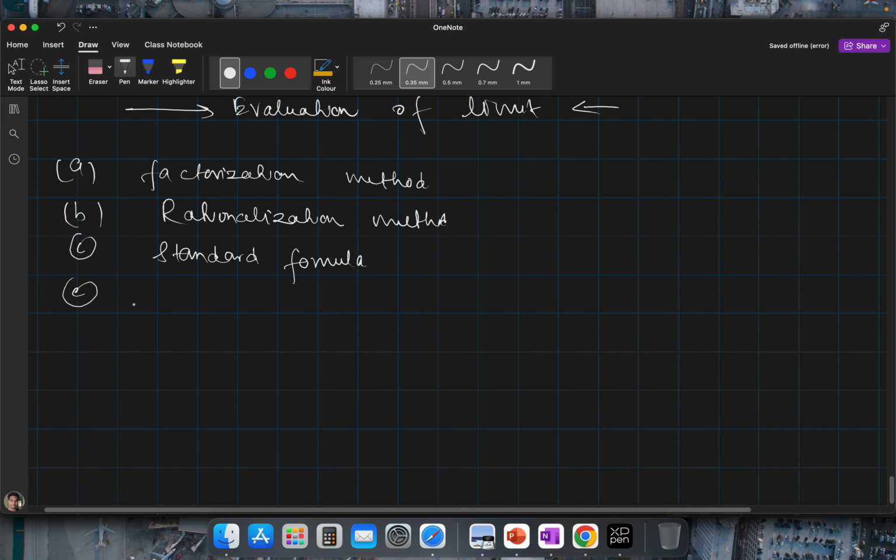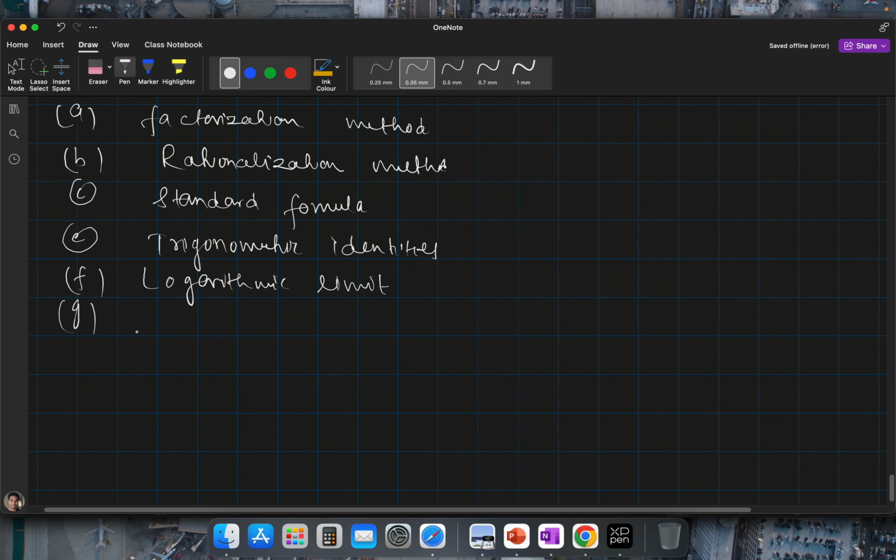Then we will see some trigonometric identities. Logarithmic limits. Exponential limits. These are the kinds of limits. And finally there will be miscellaneous.